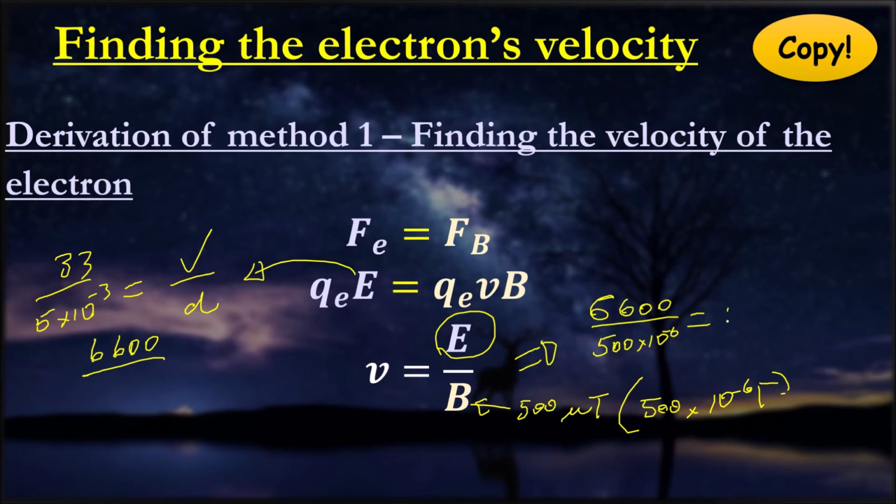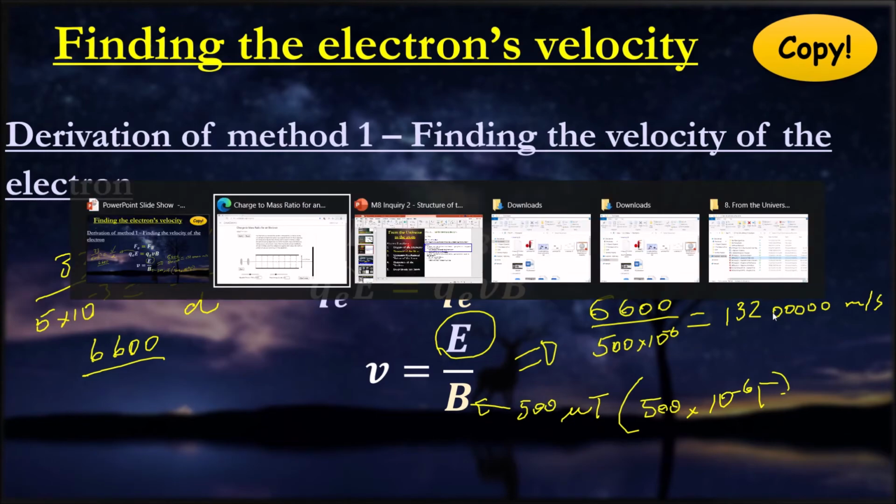We get about 132,000,000. Is that enough zeros? Yes. Meters per second. Okay, so that's the speed of the electron that we found.